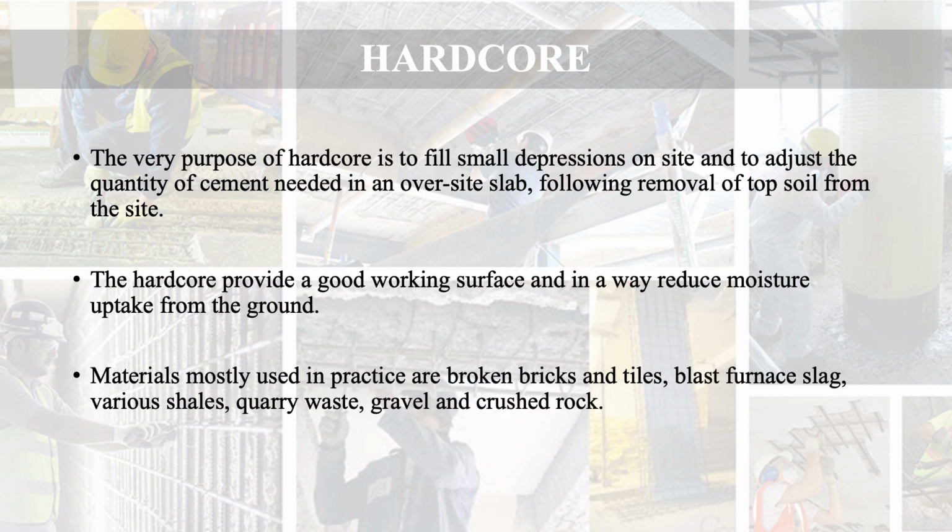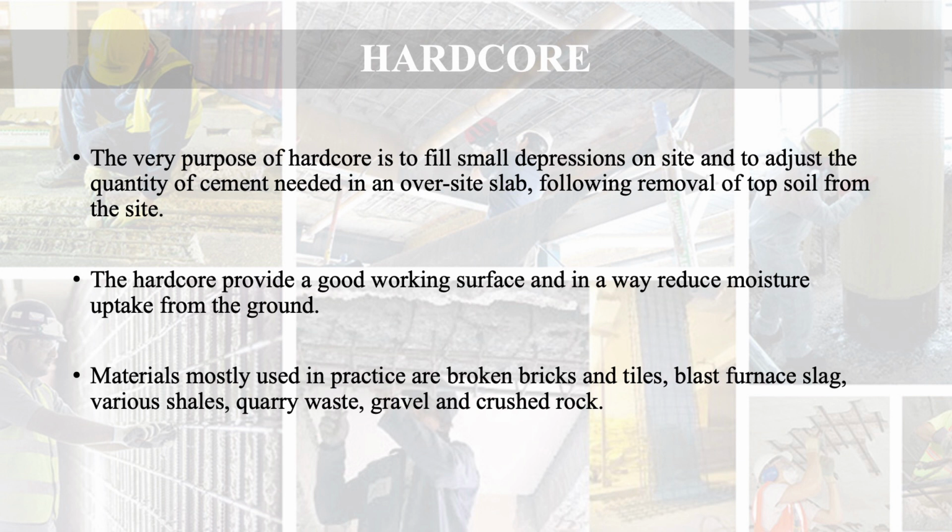Materials mostly used in practice are broken bricks and tiles, blast furnace slag, various shales, quarry waste, gravel and crushed rock. These are used in the hardcore. Now let us see how the defects come into the picture.